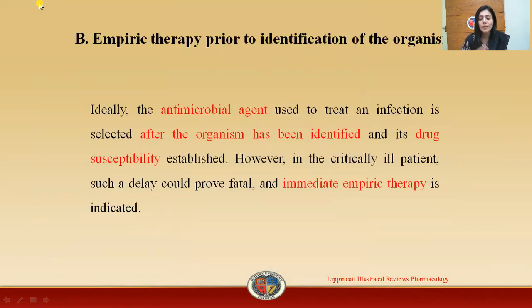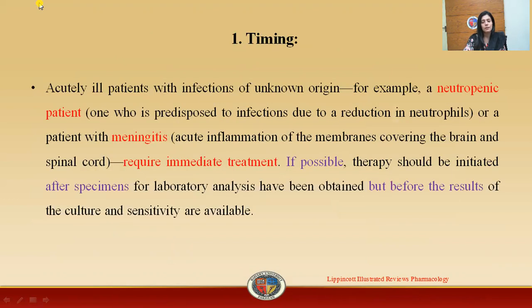So in empiric therapy, our main objective is to give immediate treatment to the patient. This is the time when you have to give the best treatment on the basis of your guess, and this treatment must be a clever guess.